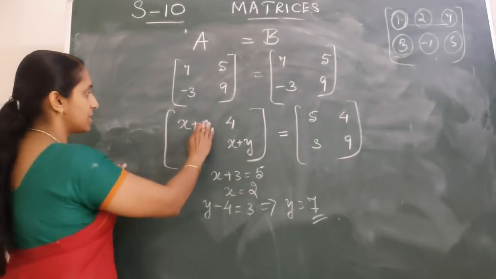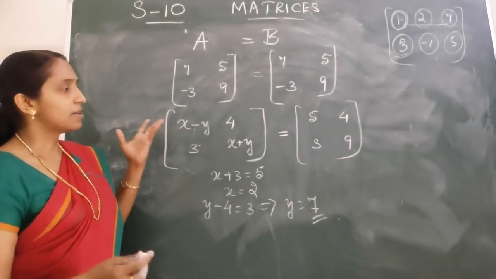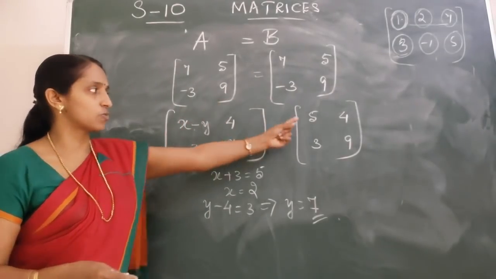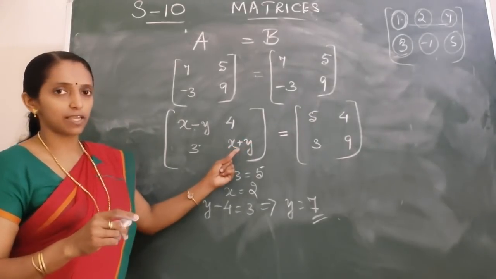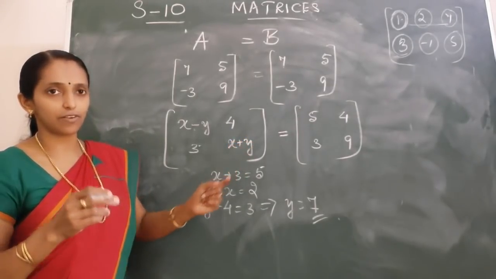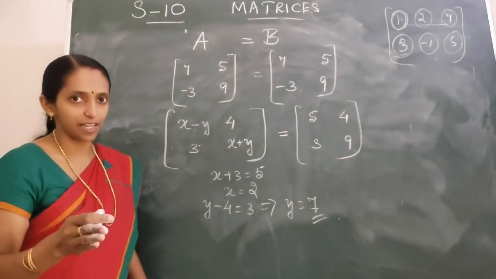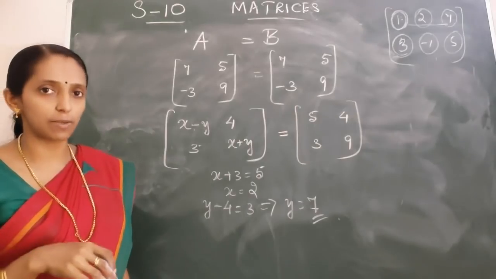Instead of this question, it is given x minus y equal to 5. Then what will you do? You will equate both the equations: x minus y equal to 5, x plus y equal to 9. You will get a simultaneous equation. Then we will go for solving simultaneously.